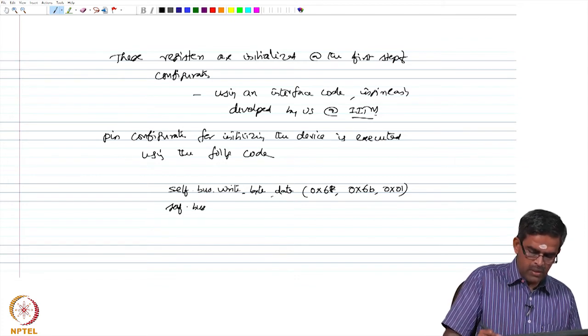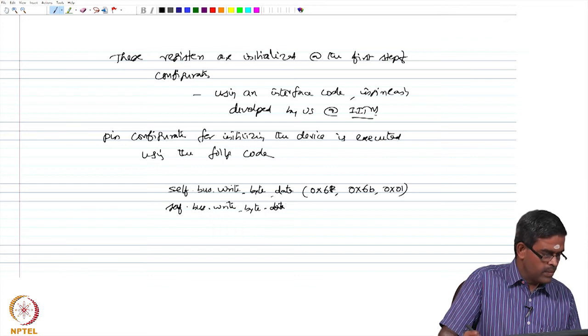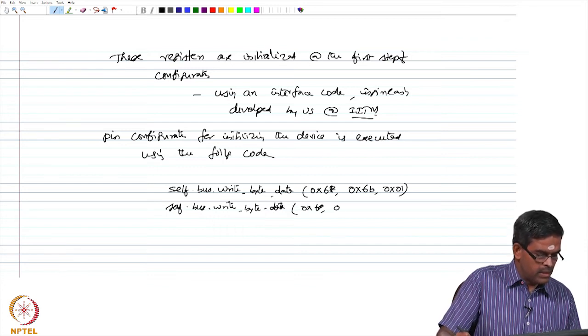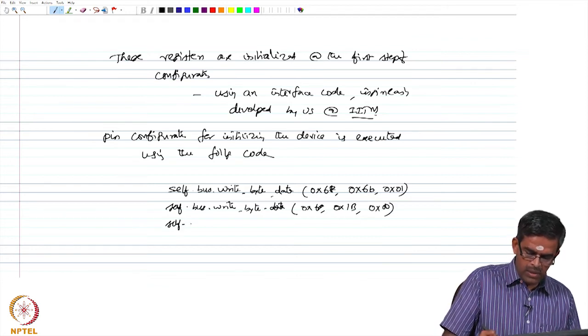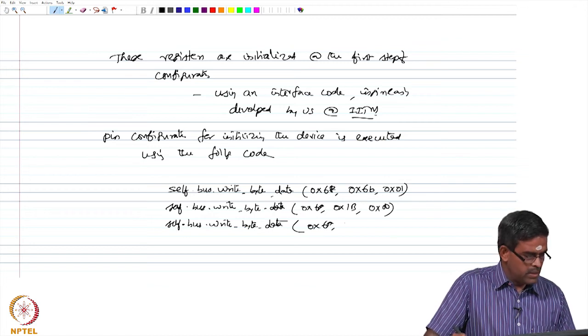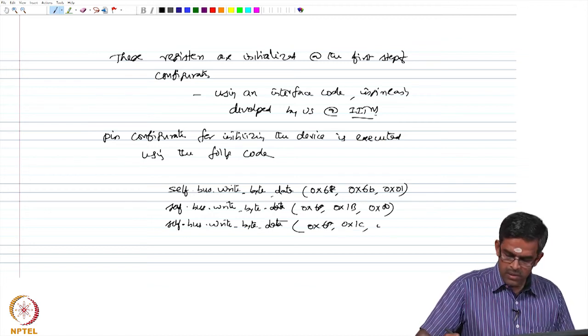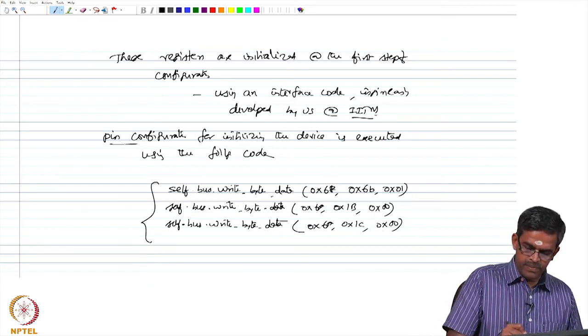Similarly, self bus write byte data 0x68, 0x1b, 0x00. Similarly, self bus write byte data 0x68, 0x1c and 0x00 are used for configuring the pin initially.